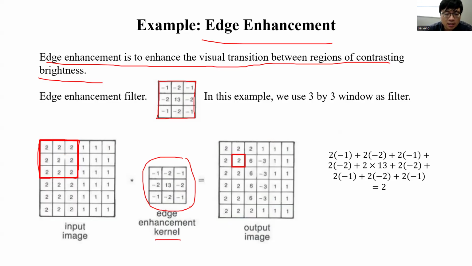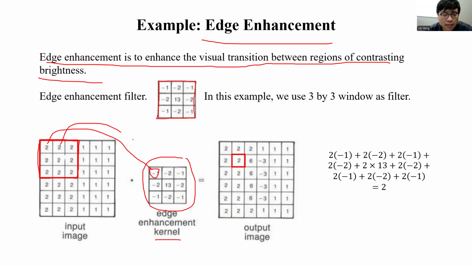It's the same thing. Then we are going to do the calculation. The values in the moving window are the weights.